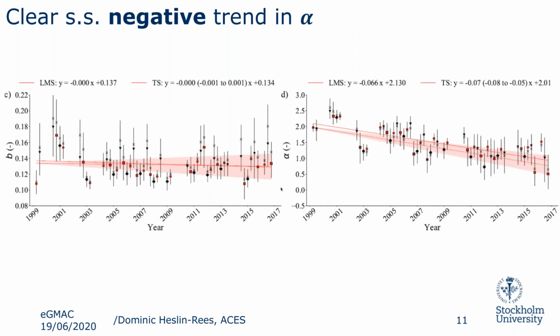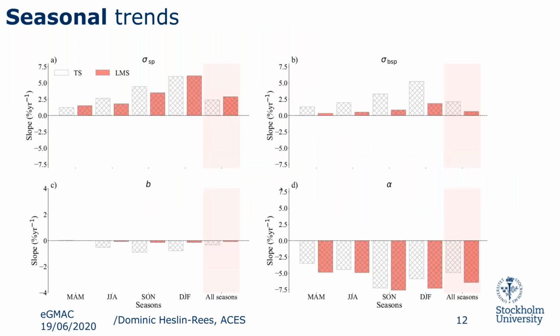For the intensive properties, we see a small decrease in the backscatter fraction, but a clear statistically significant negative trend in the Ångström exponent, indicating that as the Ångström exponent reduces, the aerosol is dominated more by coarse mode particles.